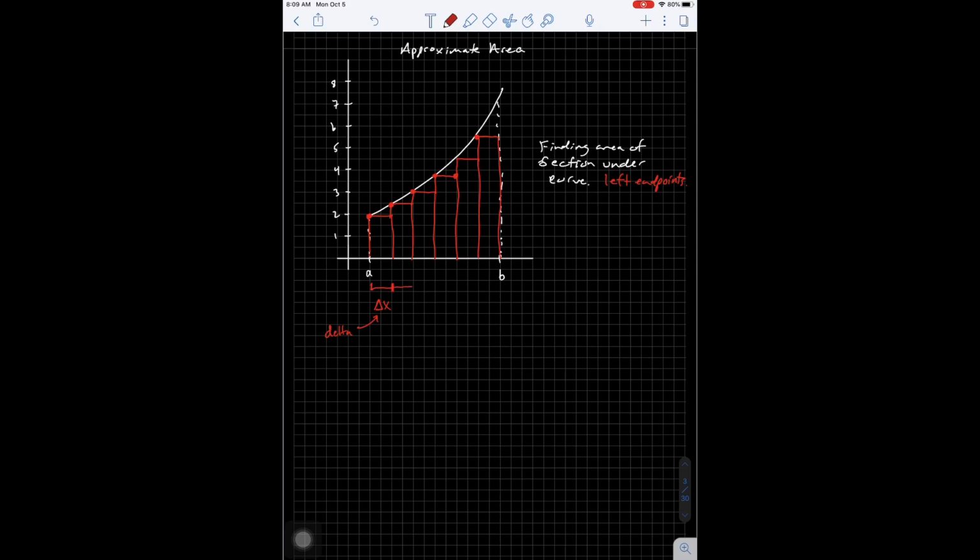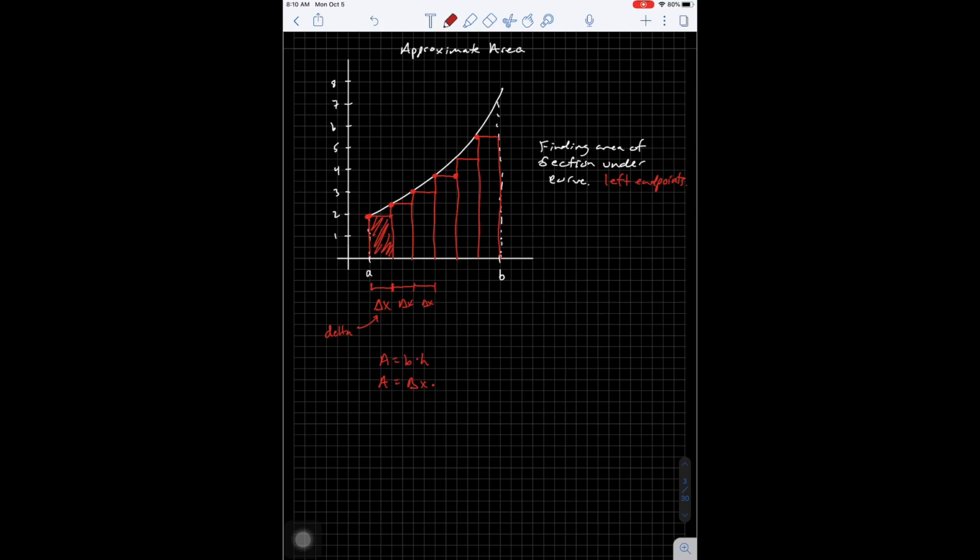And these widths are all the same. All these widths are delta x. Okay. And when you're on an actual problem, you'll be able to count that width. You'll be able to measure it and get a number, right? And then the way we find the area of a rectangle is we go base times height. So the area is going to be the base, which is the delta x, times the height. Now let's talk about how to find the height. The height of this first rectangle right here is the height of the function at a.